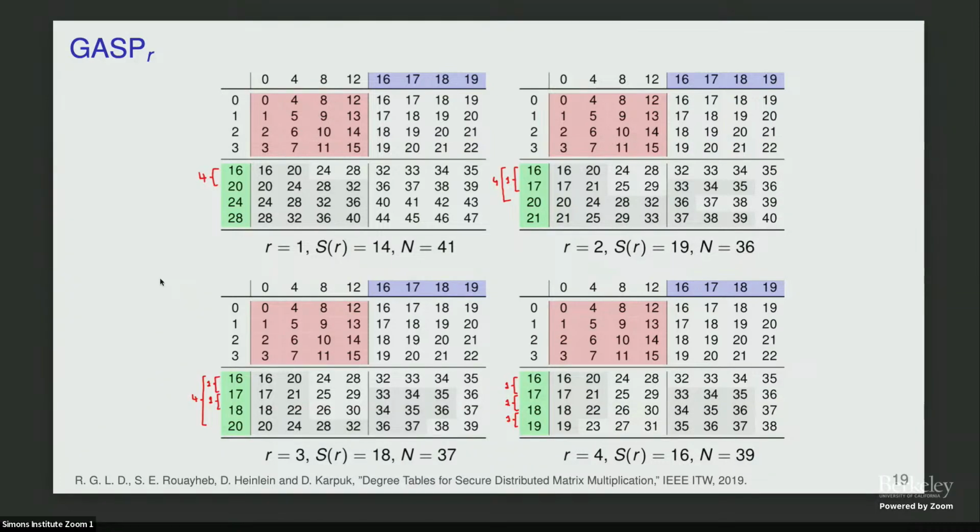Instead of jumping by 4s or jumping by 1s, you first jump by 1, then you jump by 4, and then you jump by 1. And this one, you do 2 jumps by 1, and then a jump by 4. They give you these intermediate things where you don't sacrifice too much from one side or the other. And so for this particular example, k, t, l equal to 4, the GASP2 here has 36 servers. It actually does better than either one.